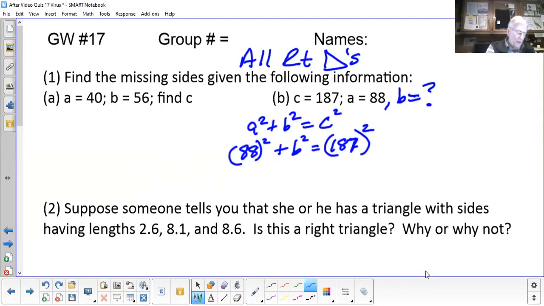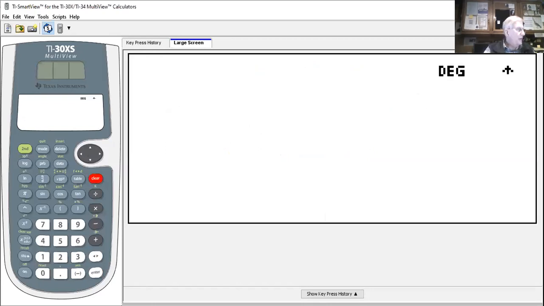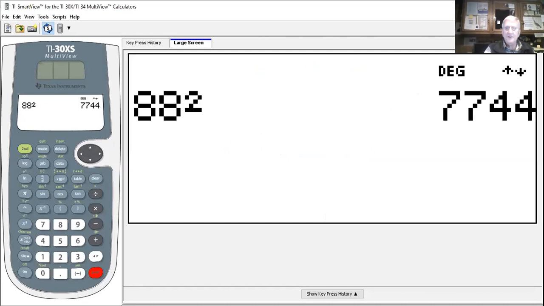All right, I'm going to square 88, and I'm going to square 187. Okay, so now I will go back, and I will reshare that screen with the calculator on it. Okay, so I'm going to clear this. I'm now going to square 88. So all I have to do is hit 88, x squared, okay, and hit enter, and I get 7744.